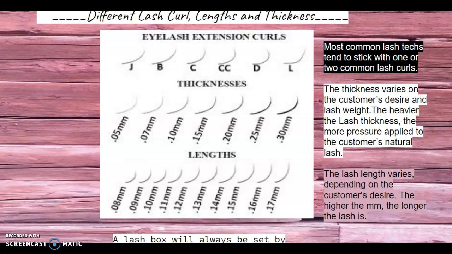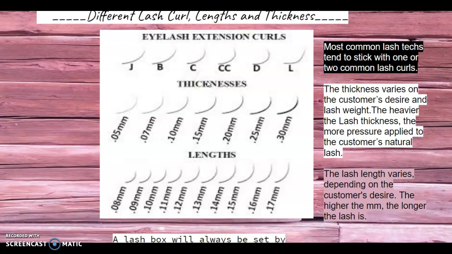Now, most lash techs tend to stick with one or more lash curls. I use the bounce between the two method. If I have a B curl, for instance, as a lash tech, it's always good to bounce between the two, which is C and CC.